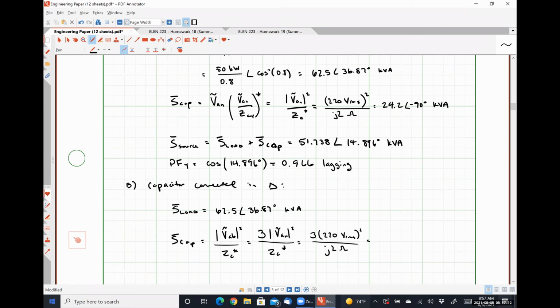That gives 72.6 with an angle of negative 90 degrees kilovolt amperes.